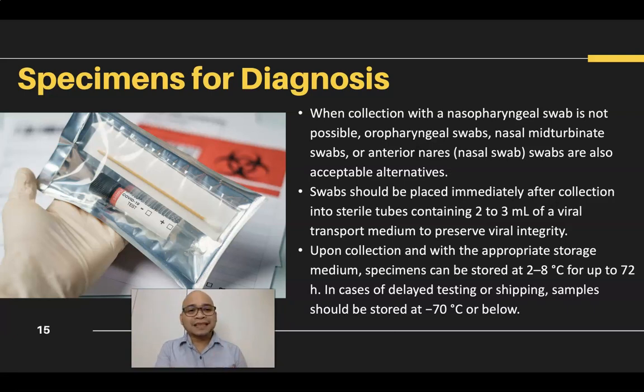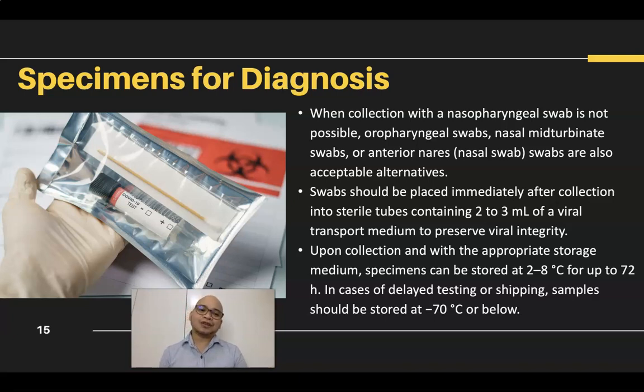Swabs should be placed immediately after collection in sterile tubes containing 2 to 3 ml of a viral transport medium or VTM to preserve viral integrity. Usually we have a different site for swabbing, and then it has to be placed in VTM and sent to the molecular laboratory.